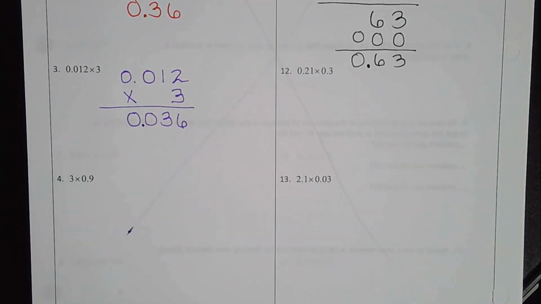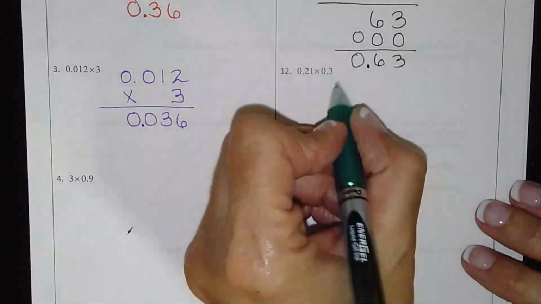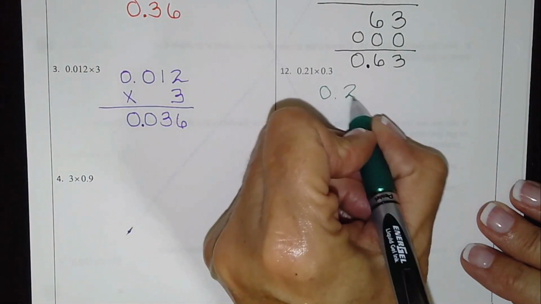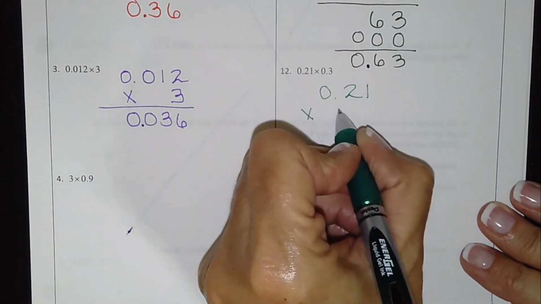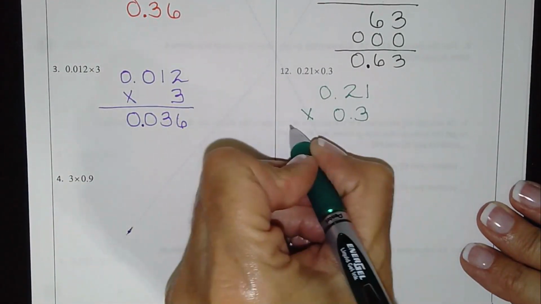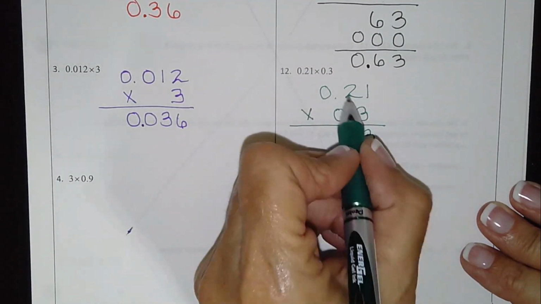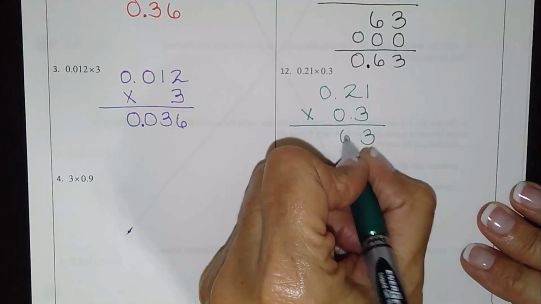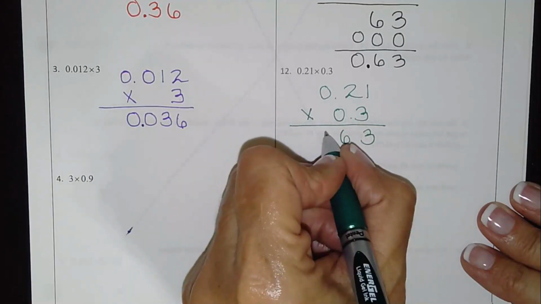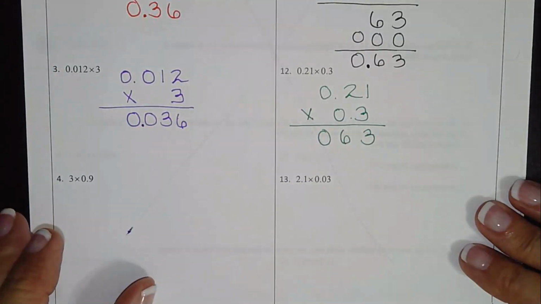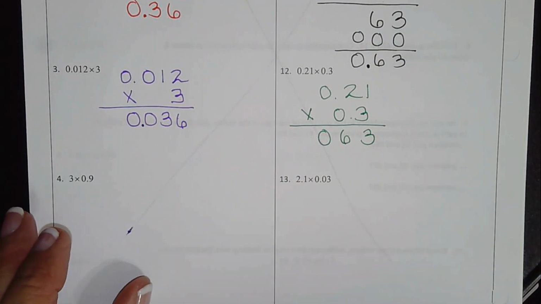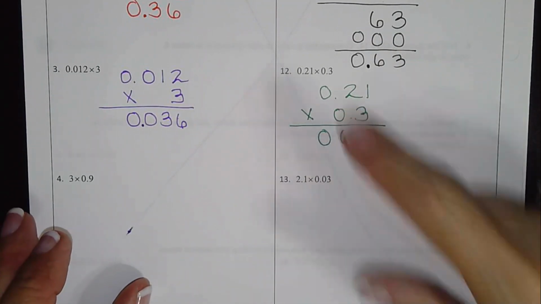And next we have 0.21 times 0.3. 3 times 1 is 3. 3 times 2 is 6. 3 times 0 is 0. And like I said, you do not need to do the next line because it just comes out all zeros.